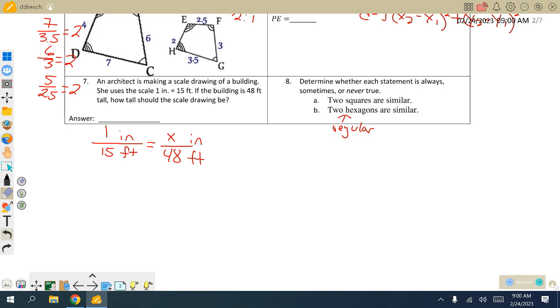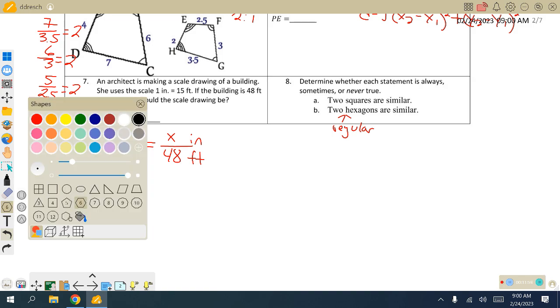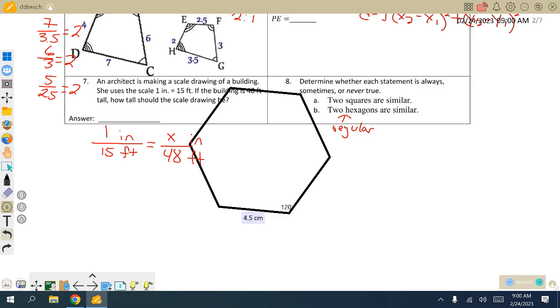So hexagons differ from squares. Squares are 90 degrees, but a hexagon could be where they all are a nice shape. Looking at my shapes here, there's my hexagons, where they're all 120 degrees at the angles, but that's a nice regular hexagon.